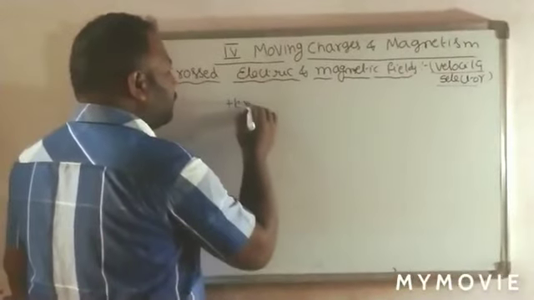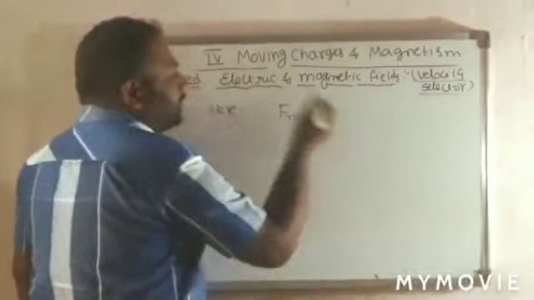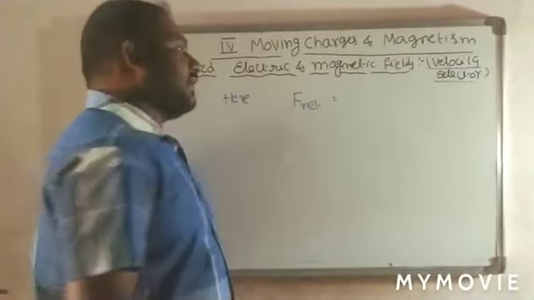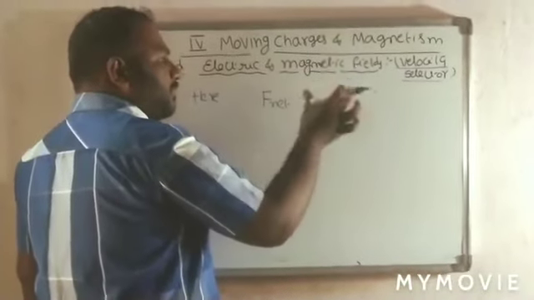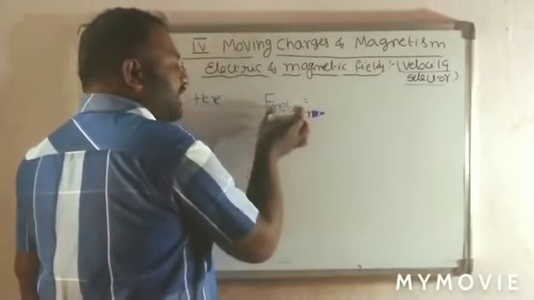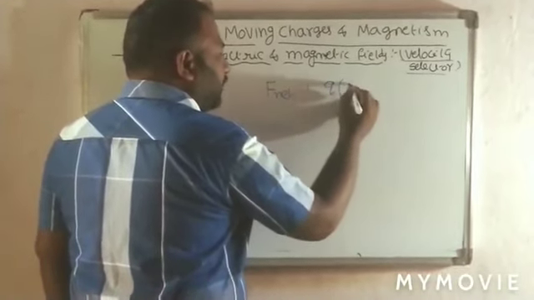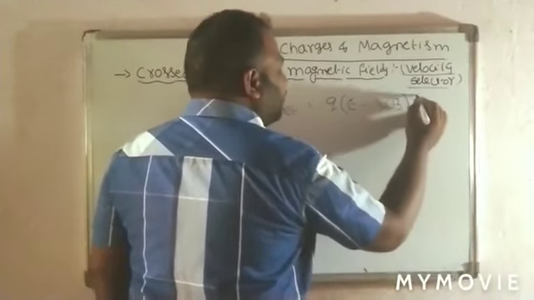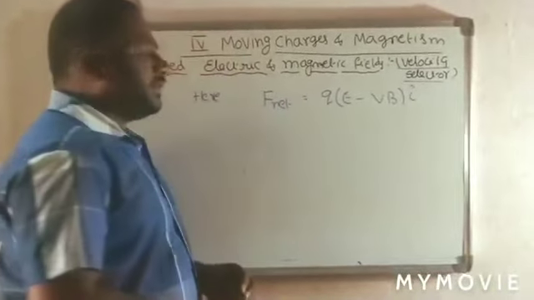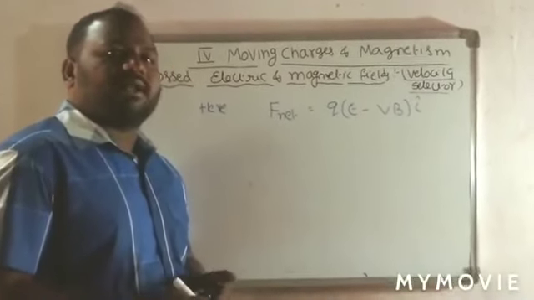Here we know that the net force in the crossed fields, where electric field and magnetic field are perpendicular to each other and a charged particle is placed, is Q into (E minus vB) i cap. Now how can this formula be used for velocity selector?